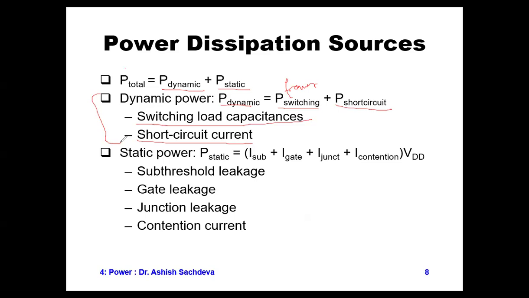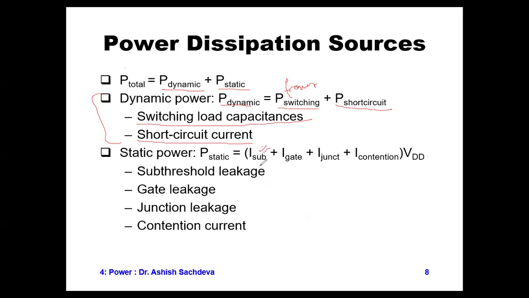If your input is in switching mode, then your power consumption is going to be dynamic anyway. If your input is a constant DC source and it is not switching anywhere, we are talking about the static power only. Now the static power has multiple components.